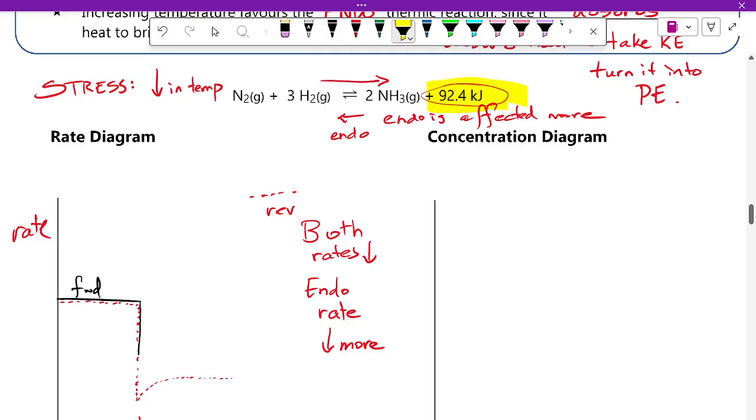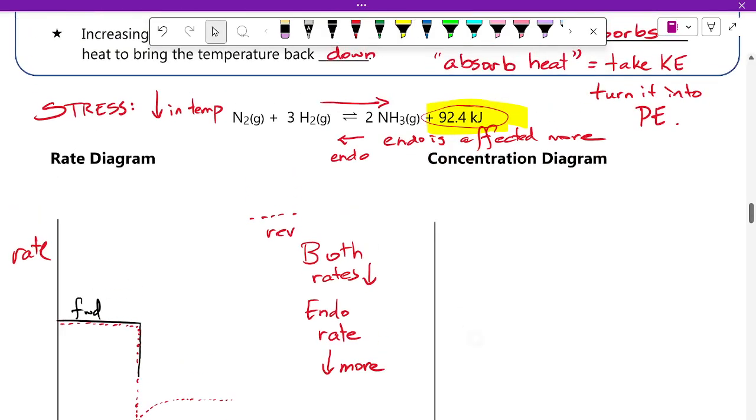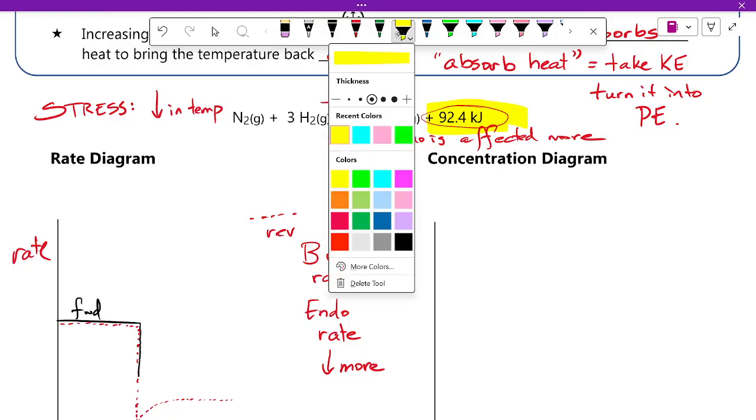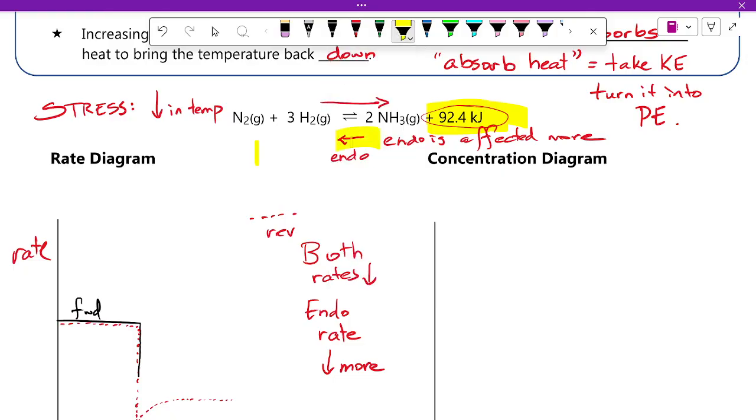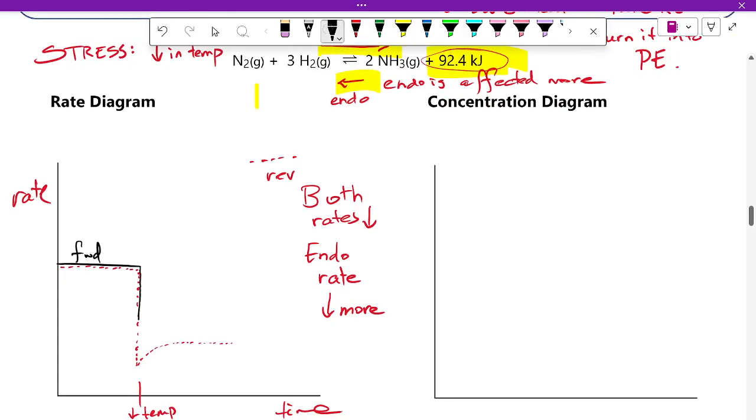So shouldn't it be less? So the reverse rate ends up being less than the forward rate. Yes. Both rates decrease, endo rate decreases more. So the reverse rate decreases more.